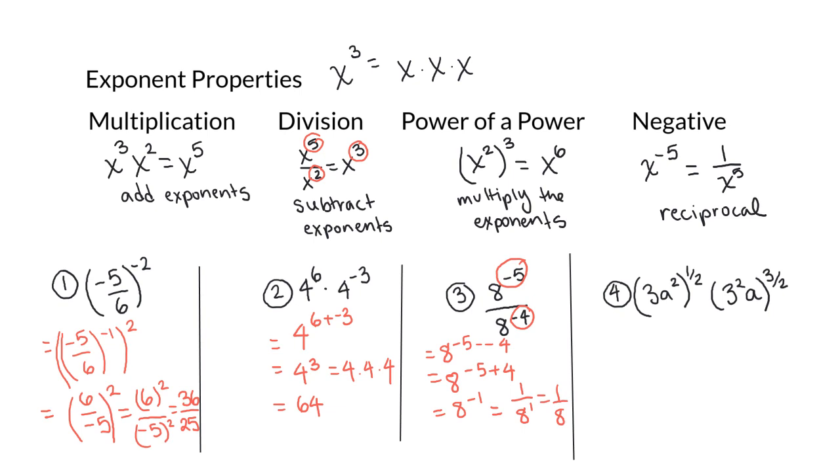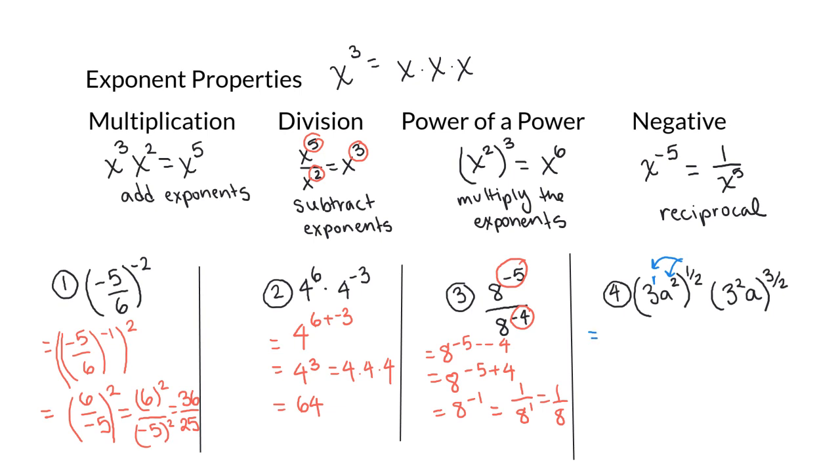Last example is a combination of multiplication and the power of a power rule. So let's do the power first. When we're taking the power of multiple numbers or variables, like in this case we have 3a squared to the power 1/2, we distribute that power to all exponents on the inside.